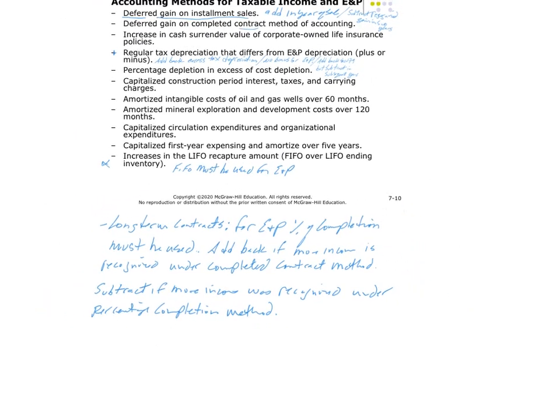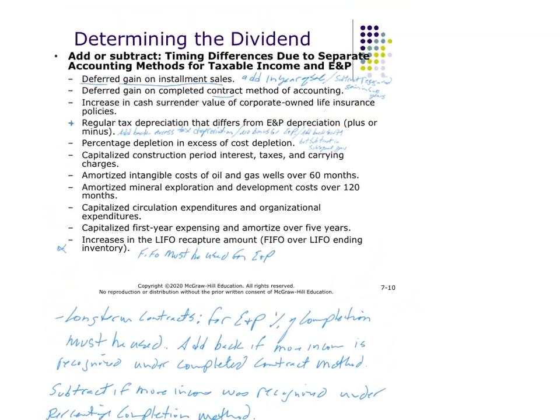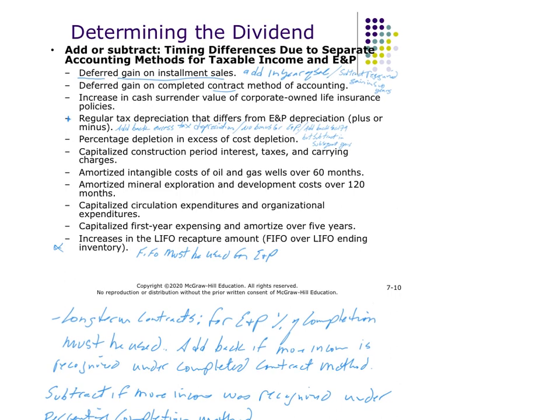All right. I don't think we talked about depletion much, but for E&P purposes, you have to use cost depletion. So whatever adjustment you make, you're going to have to make it so that you're recognizing cost depletion for E&P. All right.